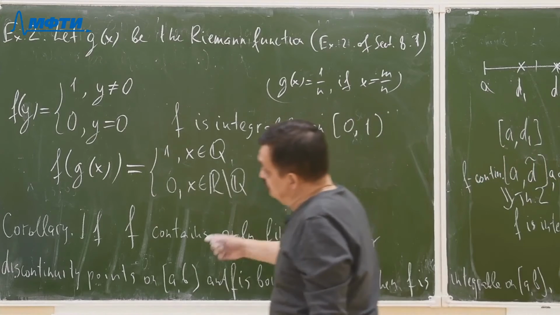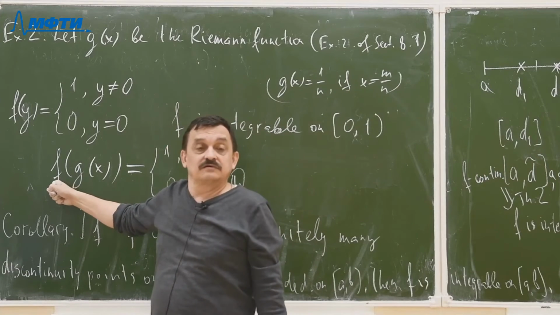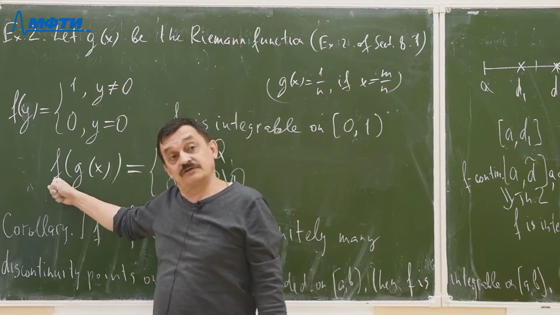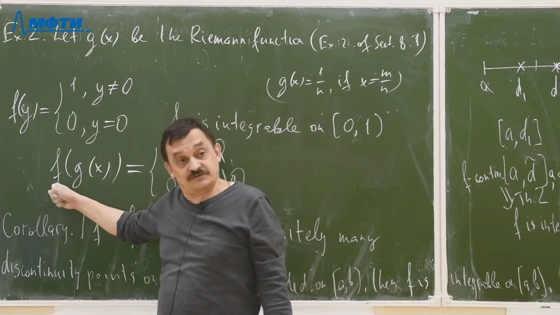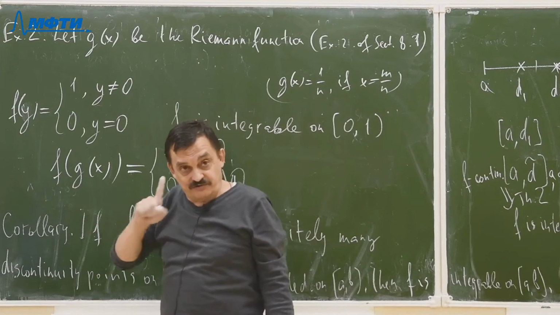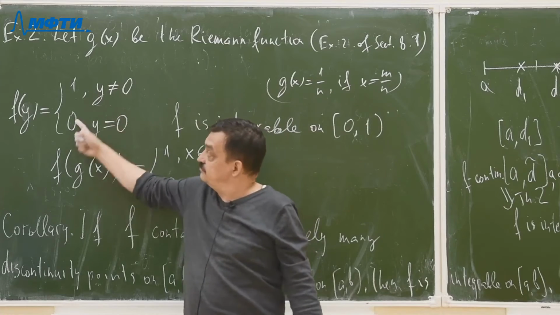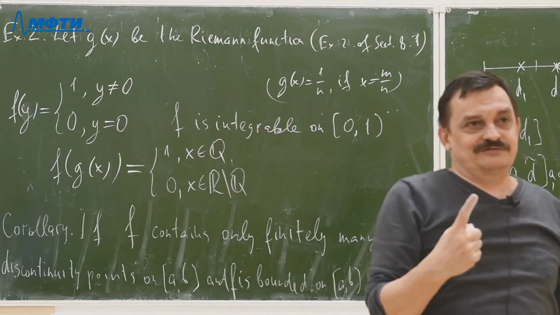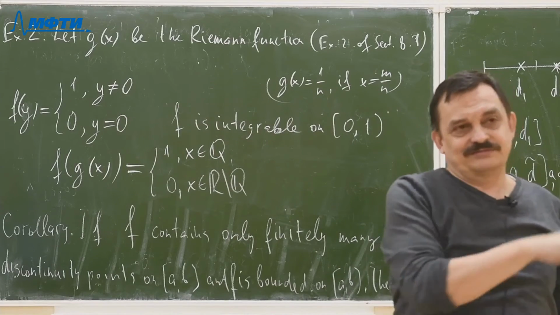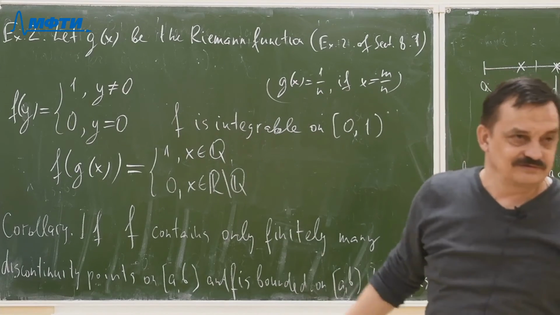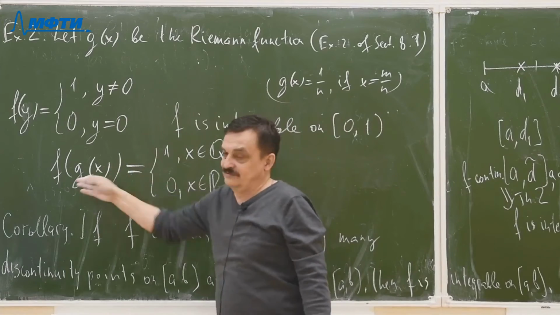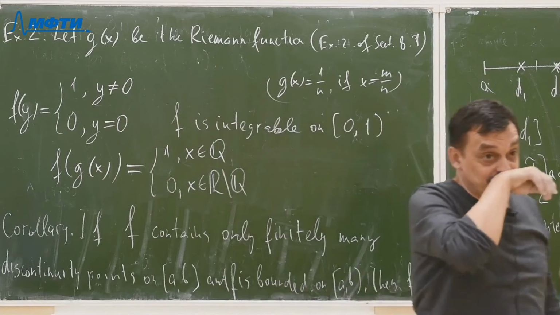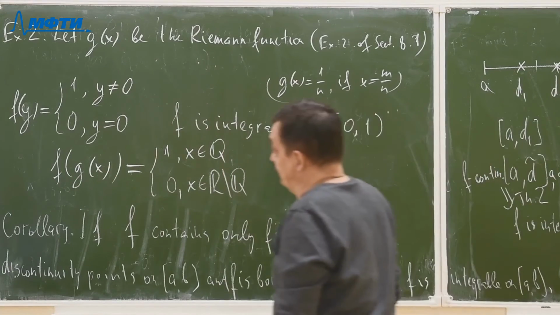Only if you make an extra supposition, f is continuous everywhere. Here you have only one discontinuity point, only one, but it's enough to destroy integrability of the composition, right? Okay.